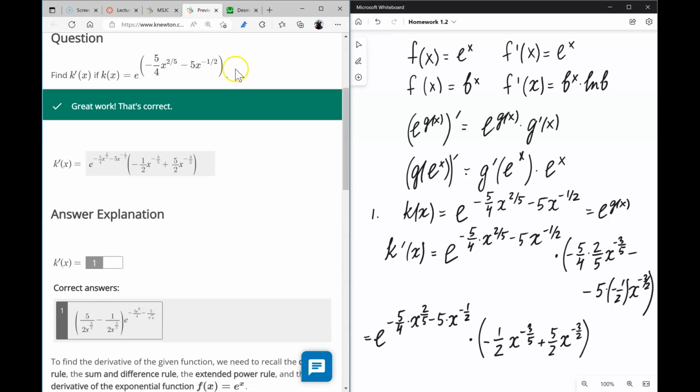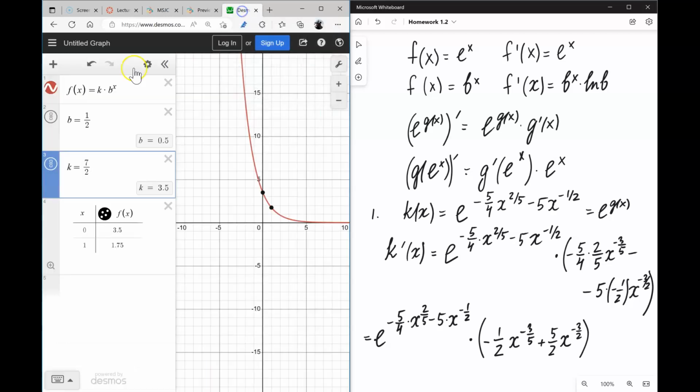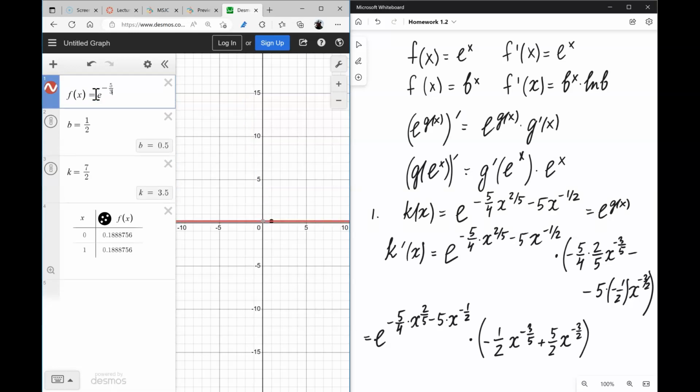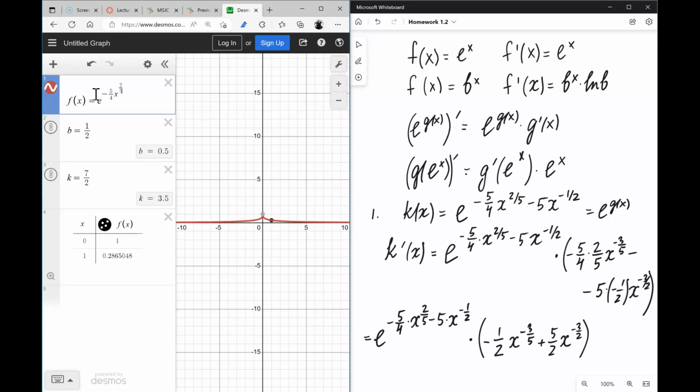One way to check your work without crossing the red line is to do something like this. There's no harm in trying to graph this function. So I'm going to type it again.